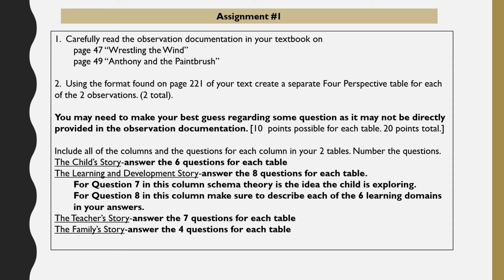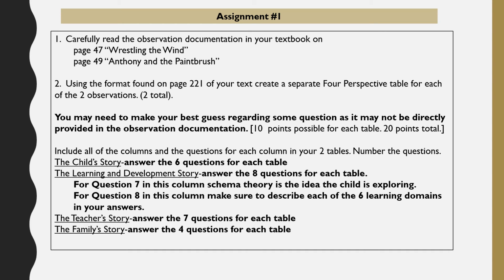We're going to use 2 observation documentations that are in your textbook. The first one is on page 47, Wrestling the Wind, and the second one is on page 49, Anthony and the Paintbrush.